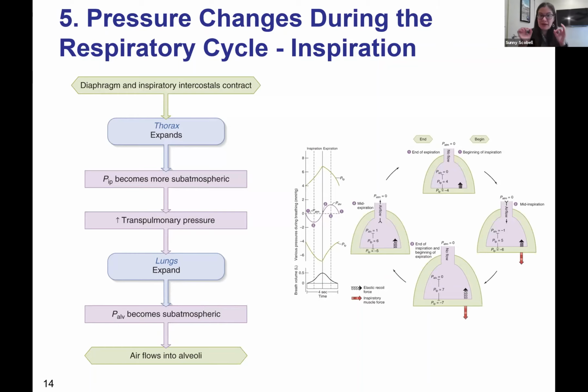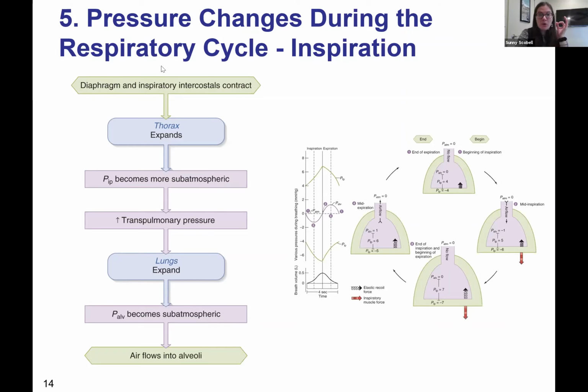If you always go back to Boyle's law and then how a change in pressure dictates flow, you will not go wrong. Container first, pressure second, flow third. So volume of the container moves first, pressure changes second, airflow is third.